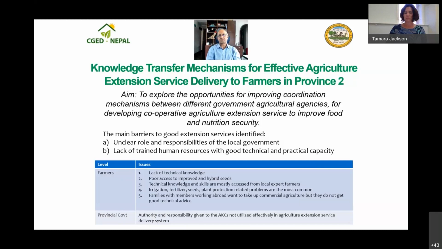From the farmers' perspective, the key issues and challenges faced by them are, number 1, poor access to technical know-how and inputs such as hybrid seeds and planting and crop management methods. Number 2, the availability of government-provided extension service is negligible, and the local expert farmers are therefore the main source of information for farmers. Number 3, the priority requirements of most farmers are irrigation, fertilizer, seeds, and plant protection materials, especially for commercialization of farming.